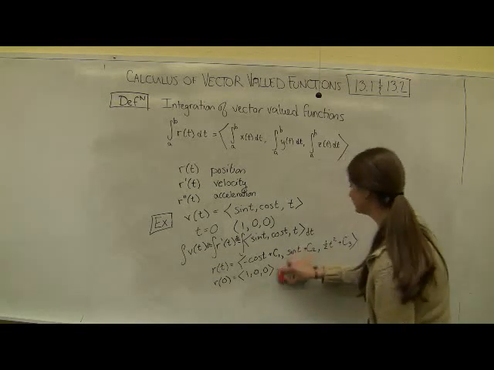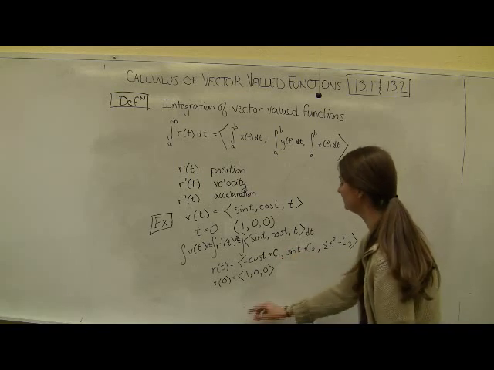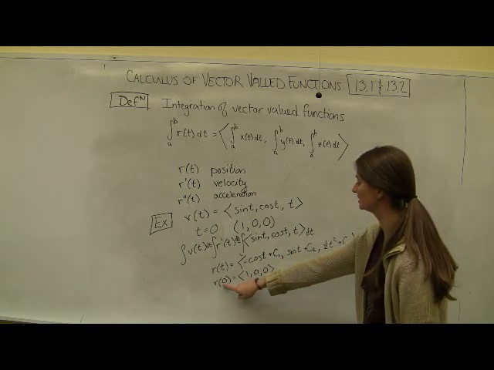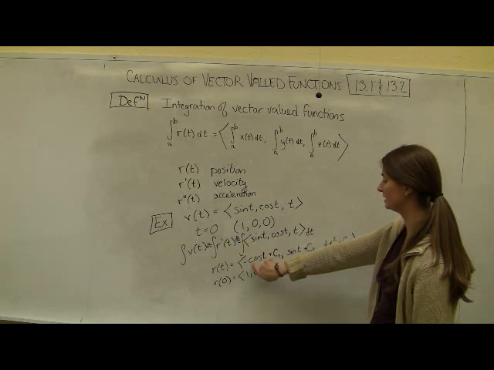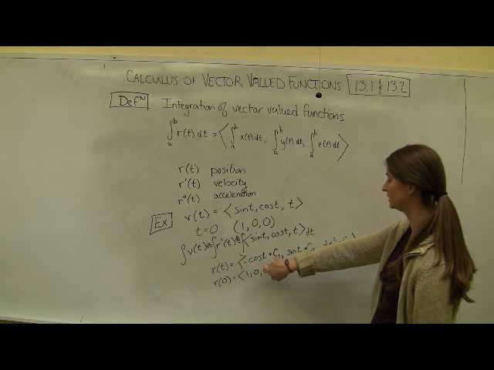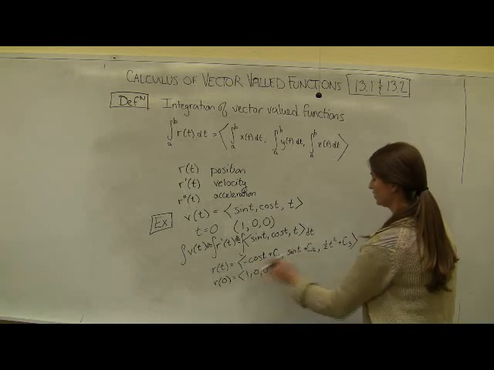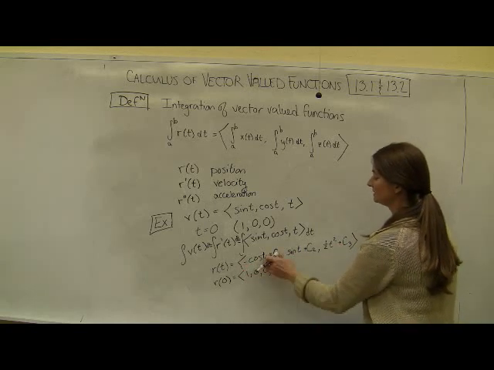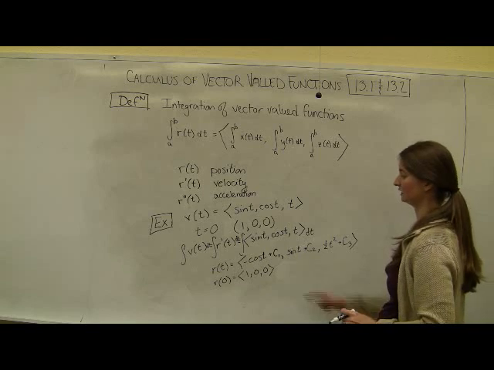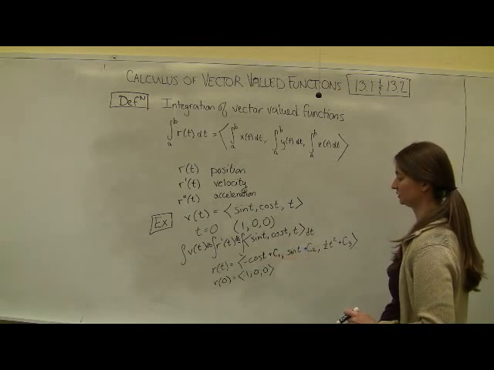And instead of writing out that expression, it means that when t is equal to 0, the negative cosine of 0 plus my constant has to be equal to 1. And I come up with 3 different equations setting each of these pieces equal to the initial position vector when my t is equal to 0.